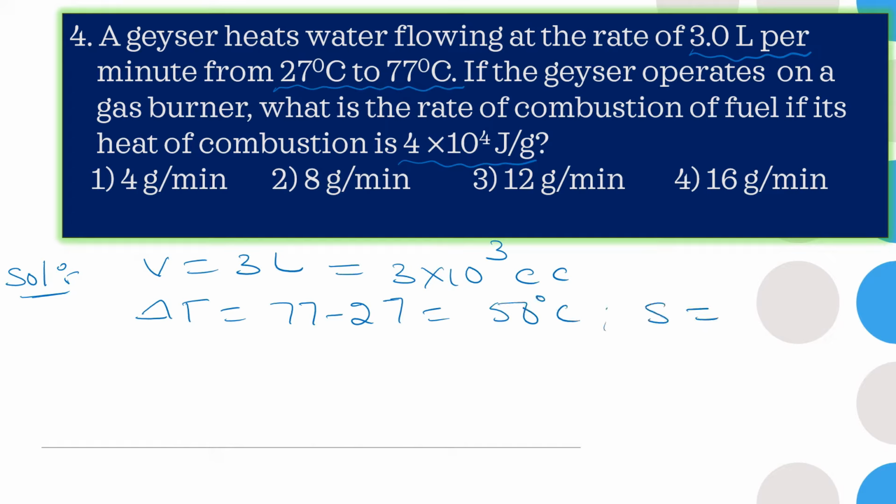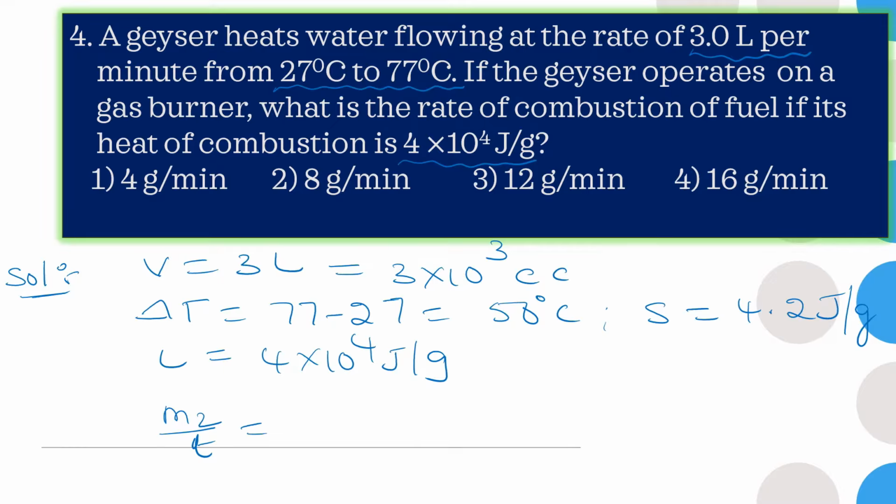They have given S is equal to 4.2 joule per gram. L they have given as 4 into 10 to the power of 4 joule per gram. m2 by t we have to calculate, the rate of combustion.